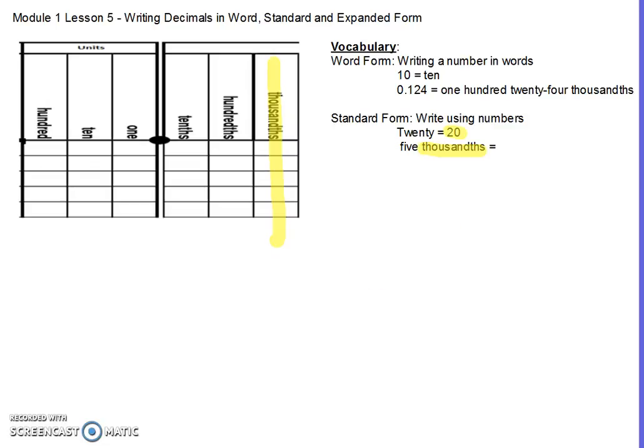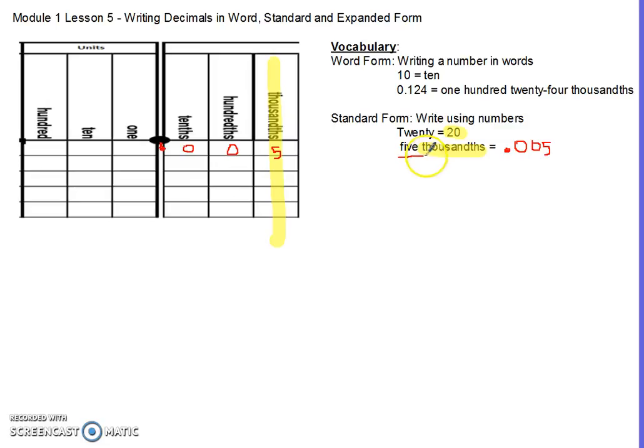Now I fill in my numbers going backwards, from right to left. I have the number 5 here, and I don't have any other numbers, so I fill those columns in with zeros, and my decimal goes right here. So 5 thousandths would be written as 0.005.